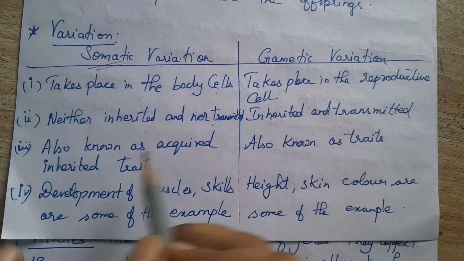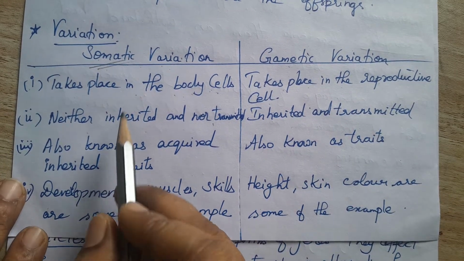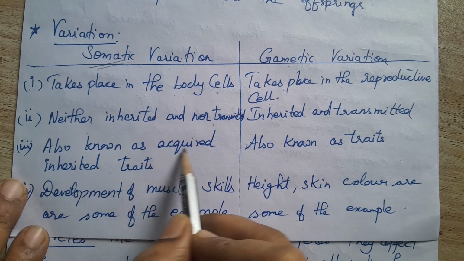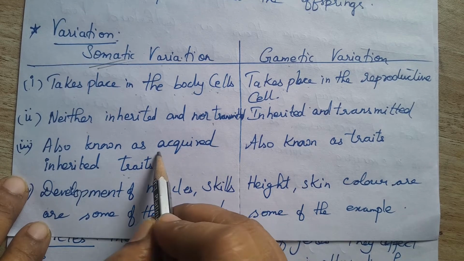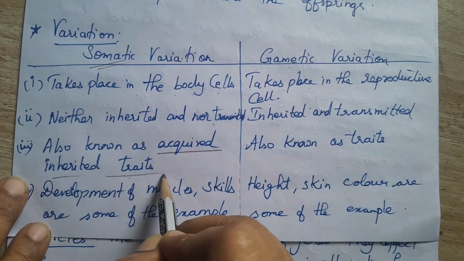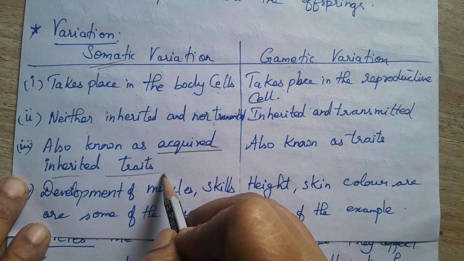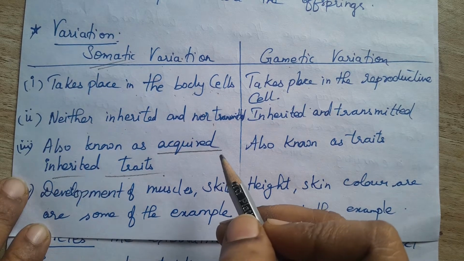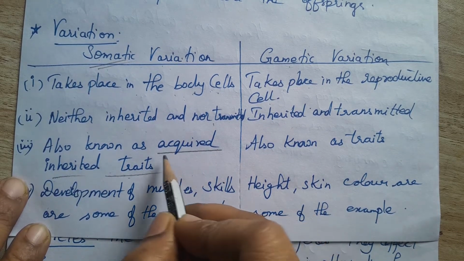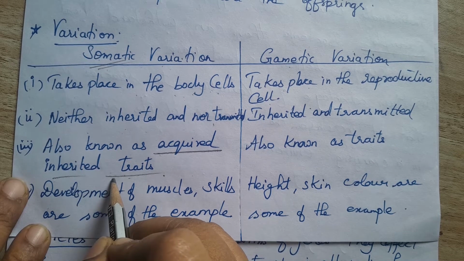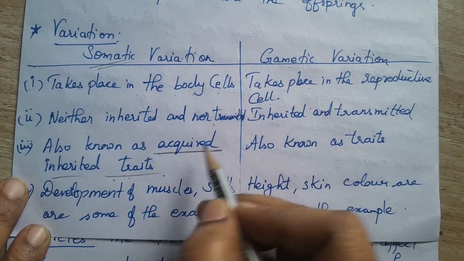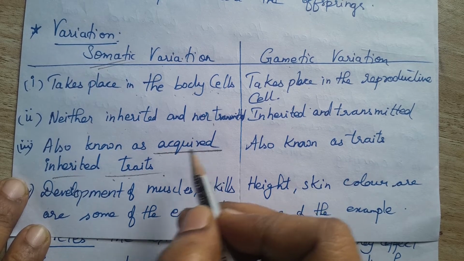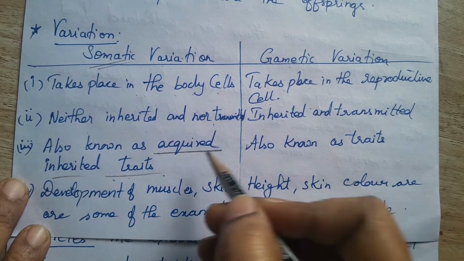We call somatic variation acquired traits. It is acquired during their lifespan. For example, if I start learning dancing, then that is my acquired skill. That will not be transmitted to my offspring. That is a skill I have acquired during my lifespan.